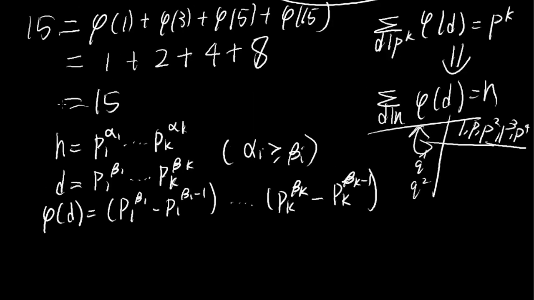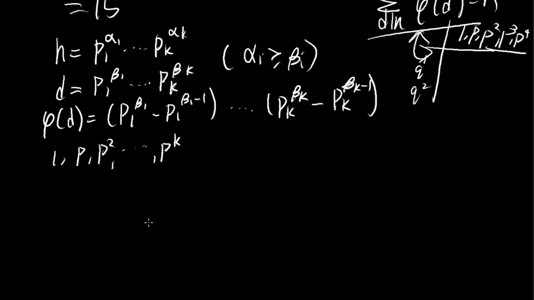When it's pk, it's quite simple to show, because all the divisors of pk are 1, p, p squared, up to pk.